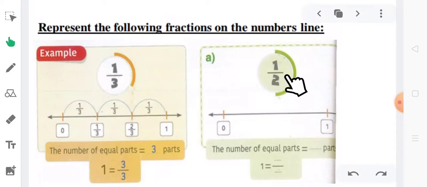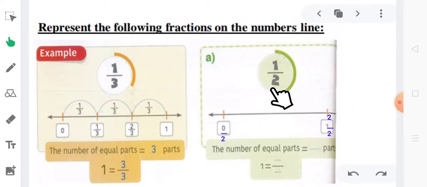We have 2 in the bottom. So I make the bottom 2. 0 over 2. Then 1. Excellent. It's 2 over 2, or 2 halves. Excellent. Again, one more time, when we have the same number at the top and the bottom, they are equal to 1. Okay?